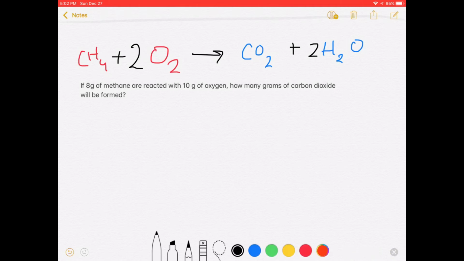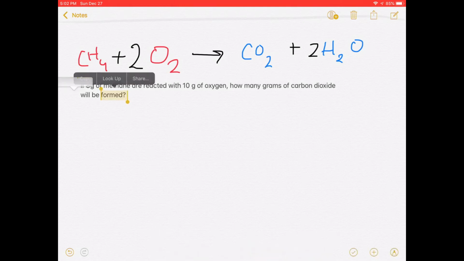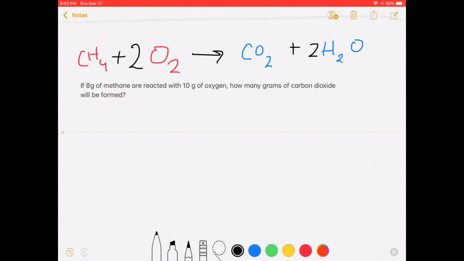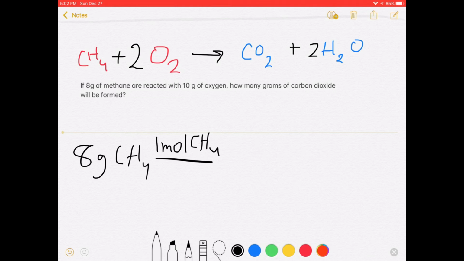So first, we need to do a dimensional analysis on the 8 grams of methane to see how much CO2 will be produced. So 8 grams of CH4, and we need to convert that all the way into grams of carbon dioxide. So first we need to go from grams of methane into moles of methane. 1 mole of methane is approximately 16 grams. Then from moles of methane, we need to go to moles of carbon dioxide.